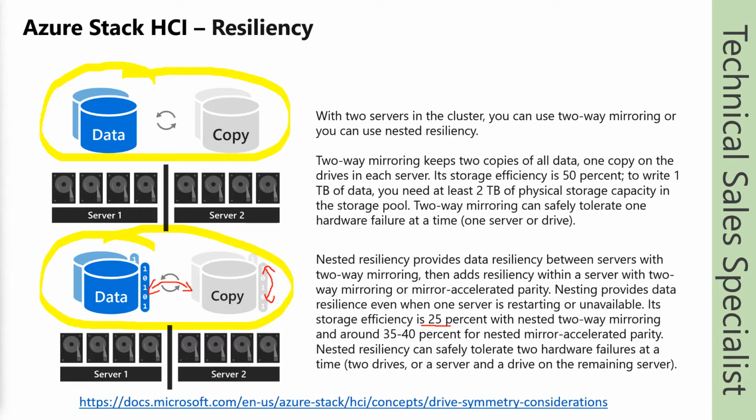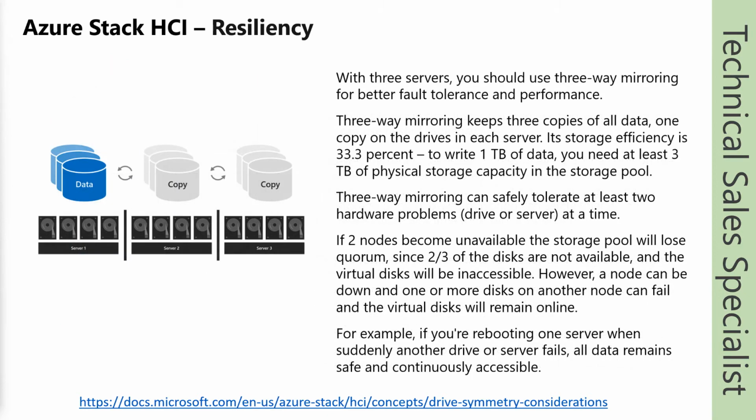So if server 1 is down for maintenance or in an unplanned situation, then you can lose an additional drive in server 2 without any impact on your data. So I would always recommend to use the highest available redundancy level. In the three-way configuration, so a 3-node configuration, we have the 3-way mirror for redundancy.